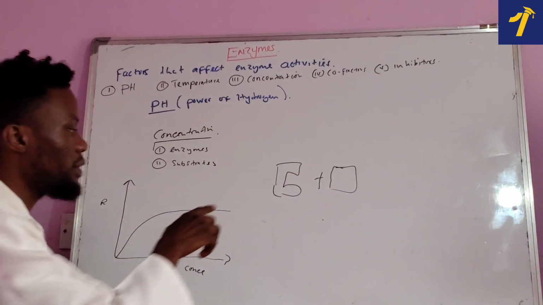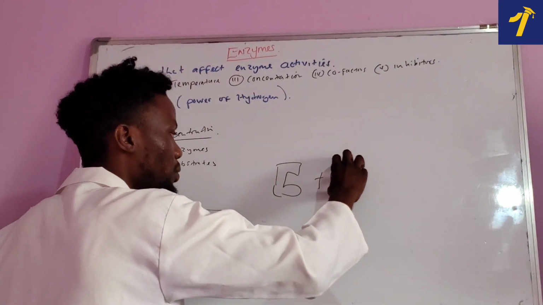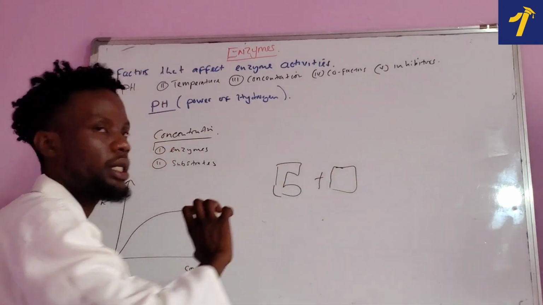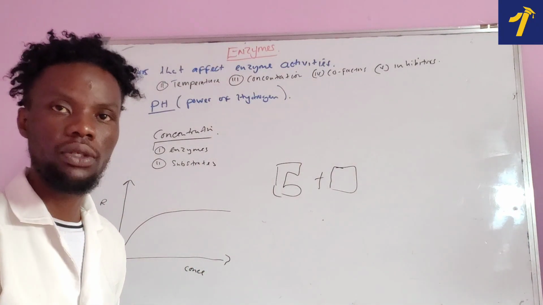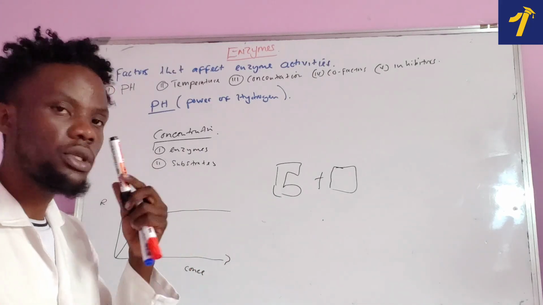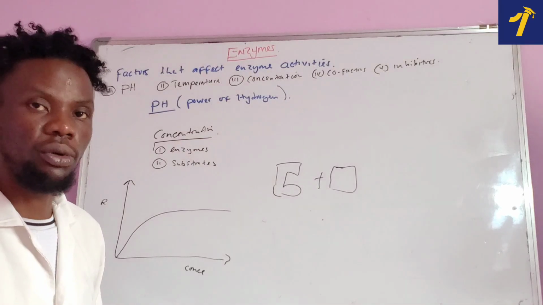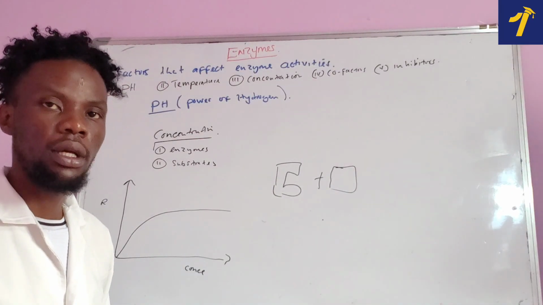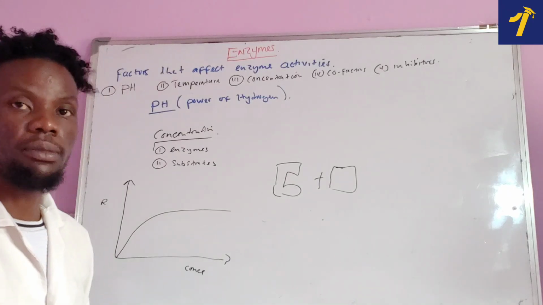So this enzyme always acts on this substrate. A good example that I can give is the food nutrients. The nutrients that we take in are what we call substrates, because enzymes are going to start acting upon those nutrients, like proteins, lipids, carbohydrates.